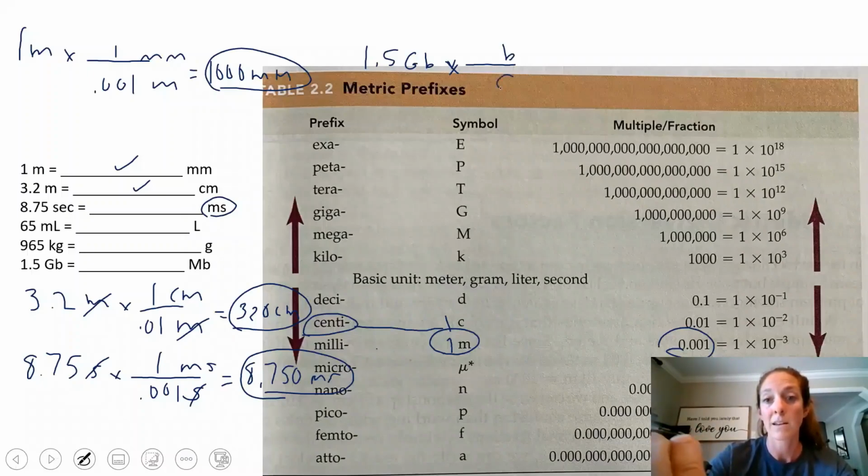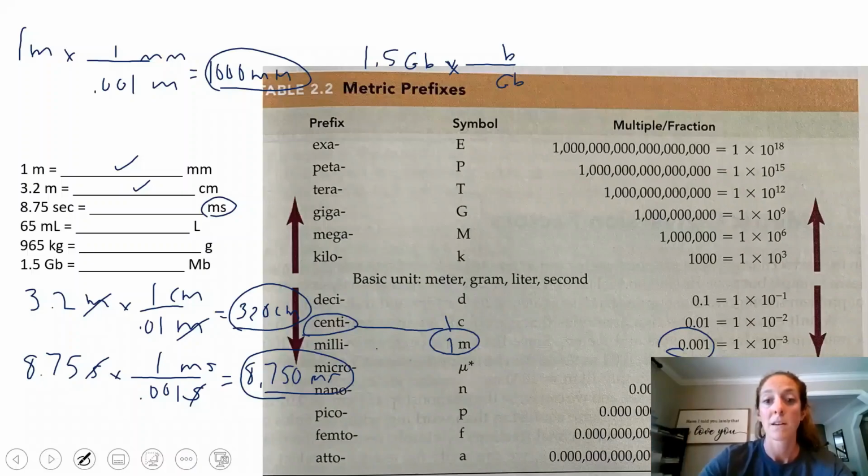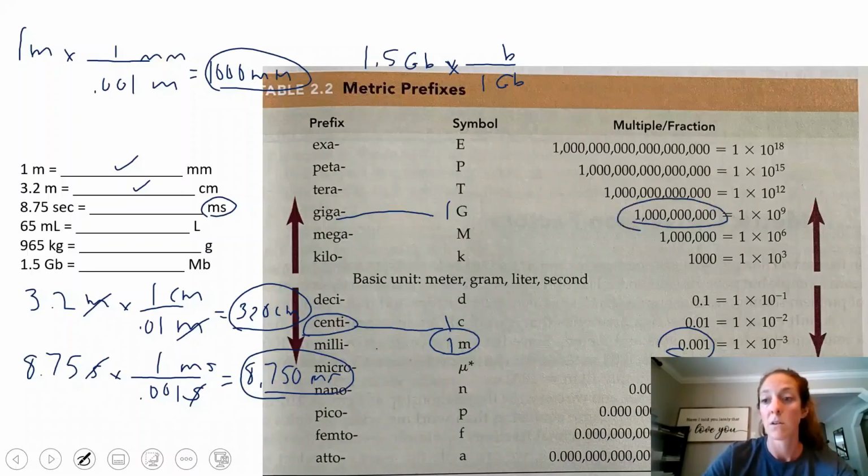What have I got? So I'm going to go, okay, giga. For 1 giga is 1 times 10 to the 9th bases. Now, that gets rid of my giga.